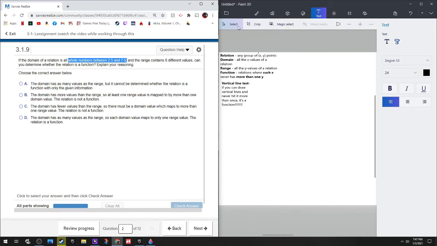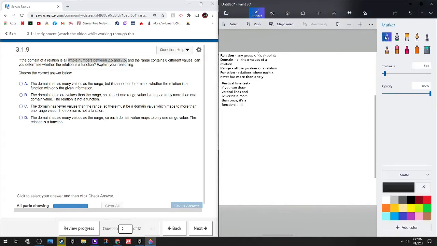So let's talk about what that would mean. The domain was all the whole numbers between 2.5 and 7.5. But let's think about this on a number line, right? Here's 2.5. Here's 7.5.